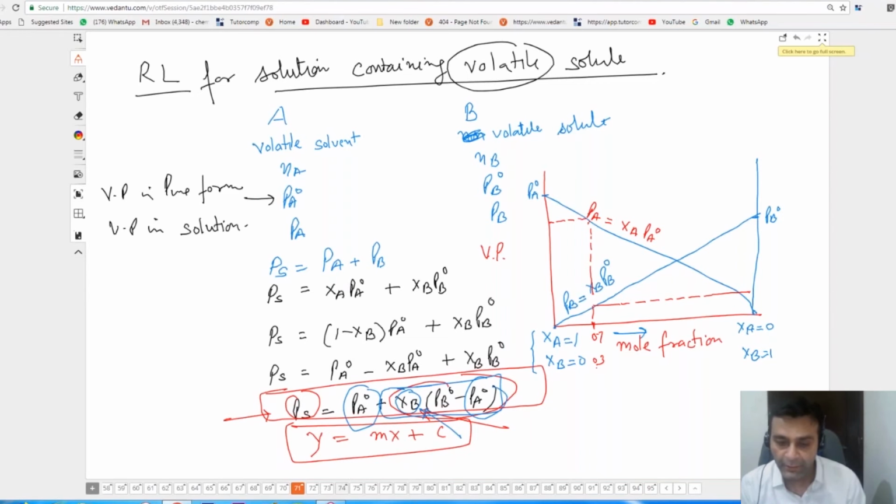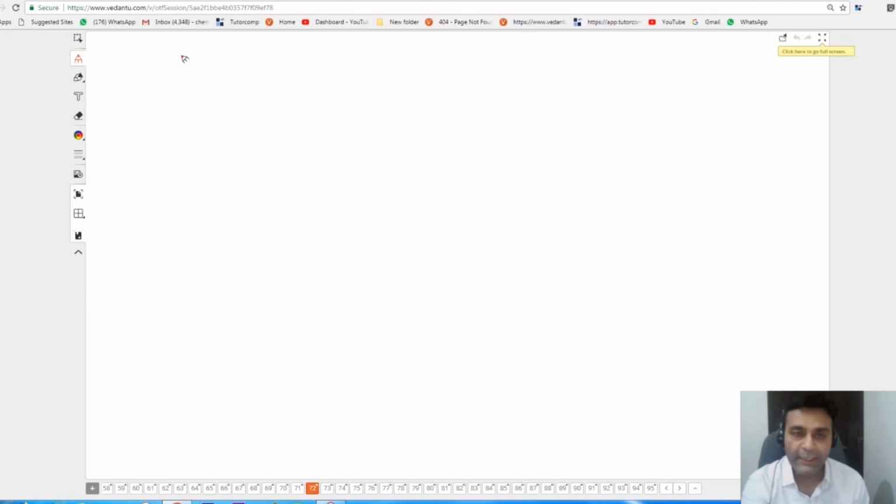Fine. Now, the equation that is given to us is PS is equal to PA naught plus mole fraction of B into PB naught minus PA naught. I'm just drawing this graph once again. This is an equation y is equal to mx plus c. It's a straight line equation.